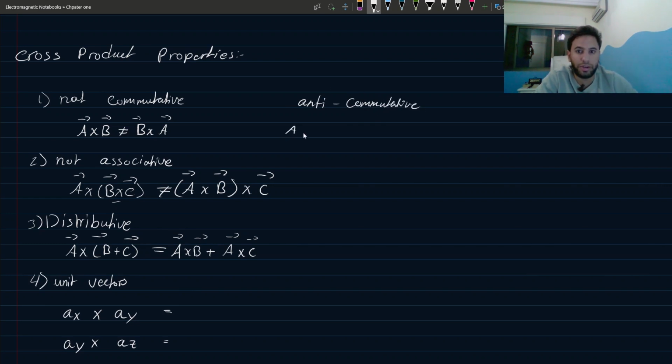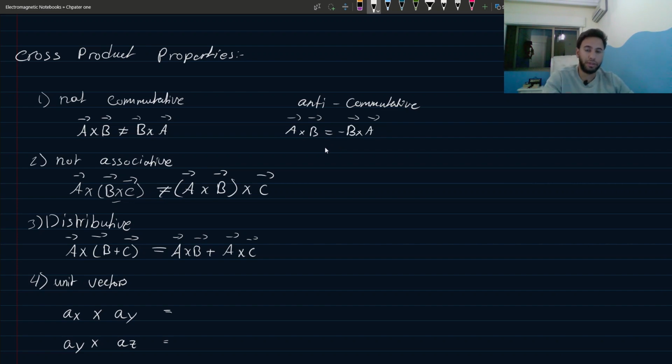Which means if you cross A with B, it will give you minus B crossed with A. So it will be B cross A in the other direction. That's what minus here means.